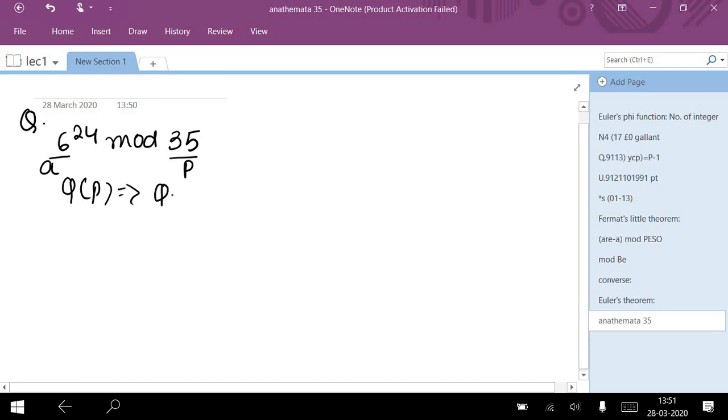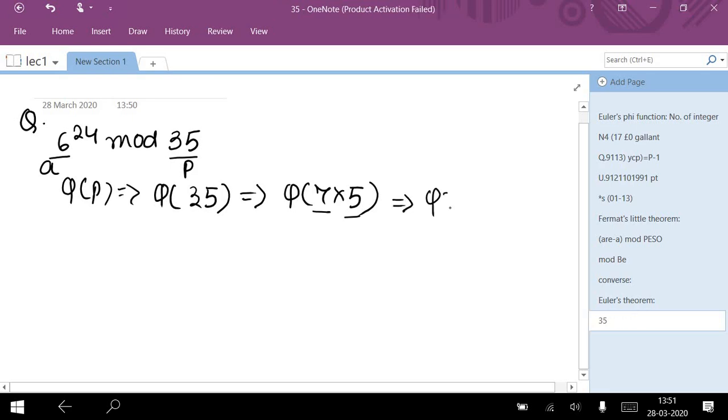The value of phi p is the value of phi 35. It is not a prime number, so you have to do the factorization process like 7 into 5. So 7 is a prime number and 5 is a prime number. What should be the answer? phi of 7 into phi of 5. So in this case, this will be 6 and this will be 4, and the answer is 24.